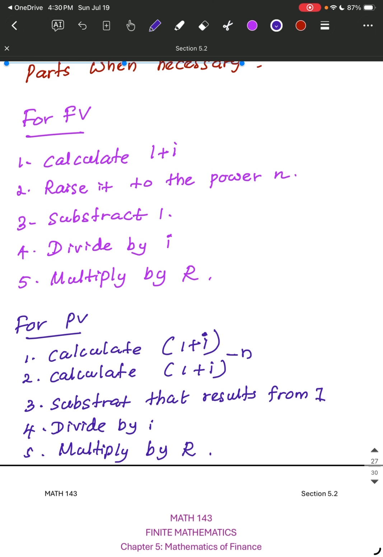We use the present value formula when we want to determine what a sequence of future payments is worth today. For every problem, remember to identify the payment R, the periodic interest rate I, and the total number of payments N. The most important first step is deciding whether the problem asks for future value or present value.